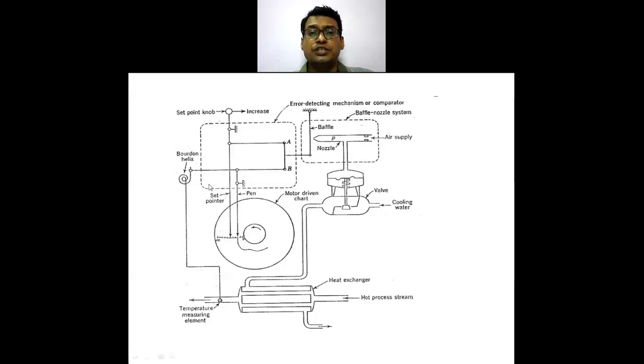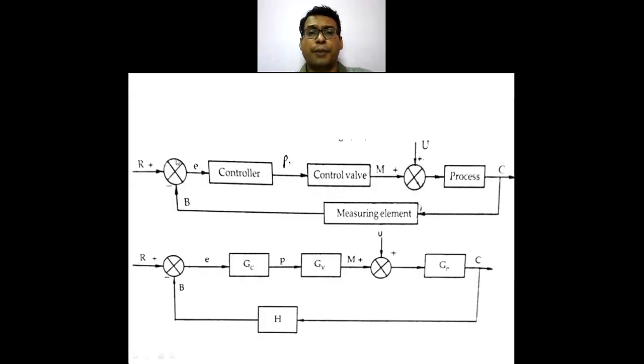Now this is your measured variable. I am measuring the temperature from here, and it sends the signal to this limb. Then there is a set point knob that is associated, which can be increased or decreased, and it gives a signal through this limb. So there are two limbs. One is for the measured value and another is for the set point. That is what we are going to do in a comparator.